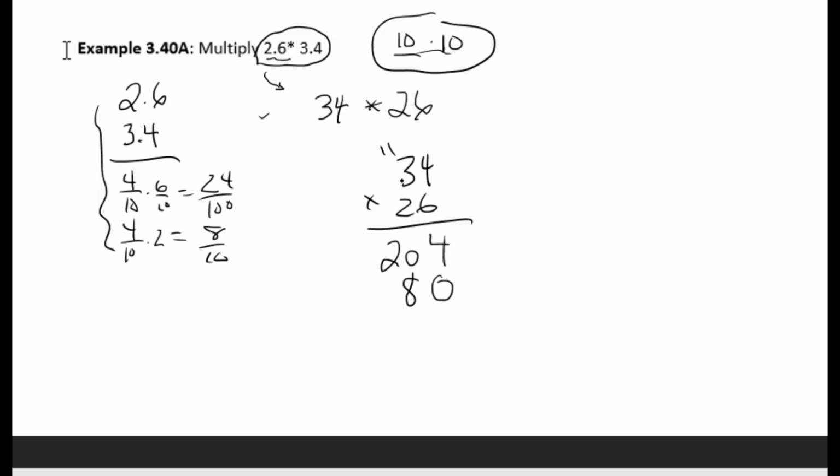And 20 times 30 is 600. So I get 884. That's the answer to this problem. But it's not the same as the problem I had, right? The problem I had is up here. So what I'm going to do is move the decimal back 2 places. 1, 2. So the answer to this problem is 8.84.